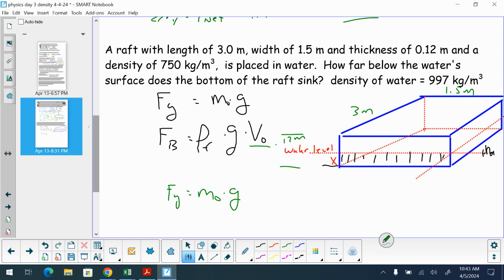We're given that the density of the object is 750 kilograms per meter cubed. So knowing the density of this object, and being able to calculate the volume of the object, we can then find the mass of this object.